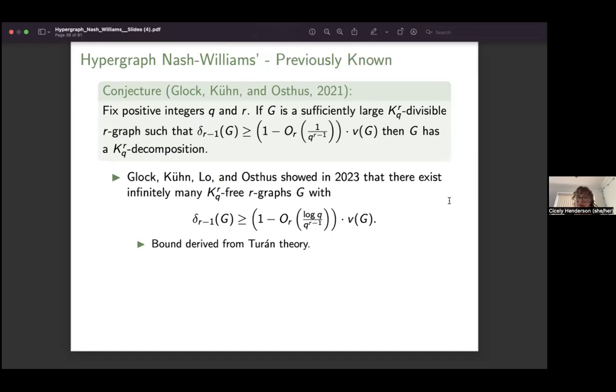In terms of progress on this conjecture, Glock, Kühn, and Osthus showed in 2023 that there exist infinitely many KQR-free R graphs G with minimum degree at least this number, where their bound is derived from Turán theory, right? Turán theory says what's your minimum density that you need to guarantee the existence of a copy of KQR. And well, we certainly need one copy of KQR if we're going to find a decomposition.